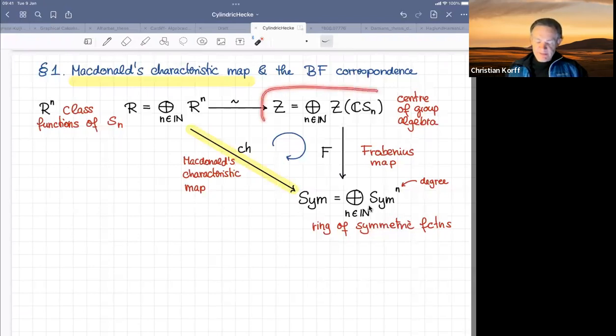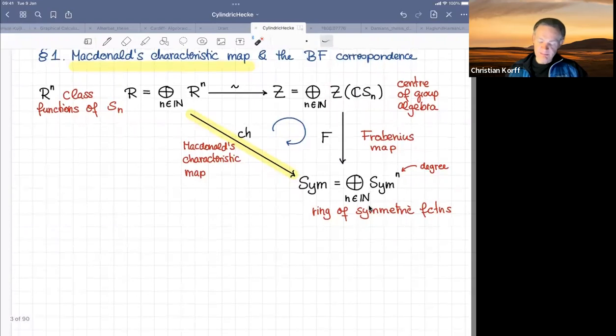And on this side, for the same reason, because of the product which we want to introduce, we have the sum over all the centers of the group algebra, and there's a natural vector space isomorphism which takes you from the class functions to the center of the group algebra of the symmetric group. And then there's the so-called Frobenius map, which maps a canonical basis in the center down to the ring of symmetric functions, which, if you have followed the seminar series, you know has a close tie to solvable lattice models.